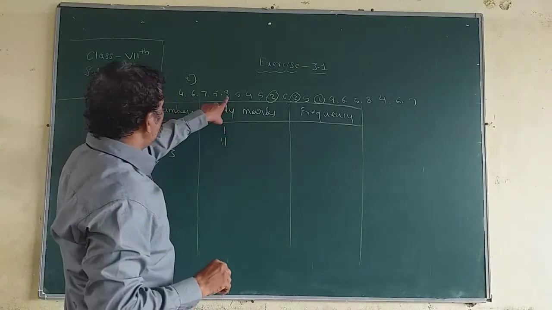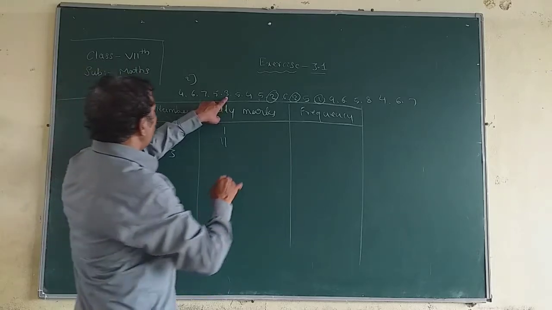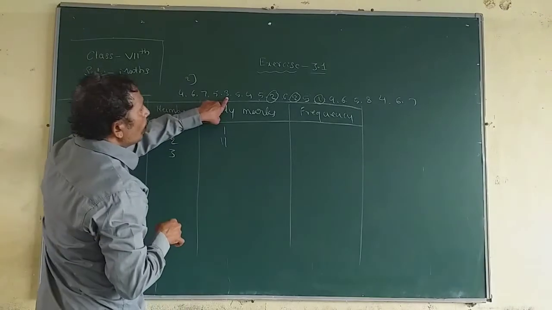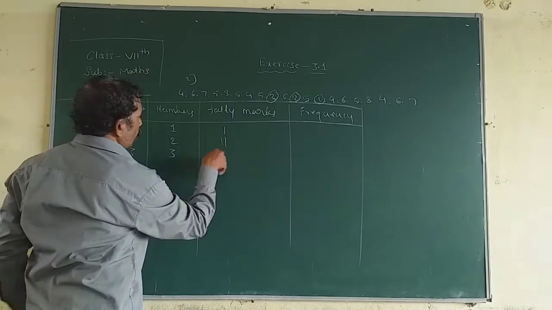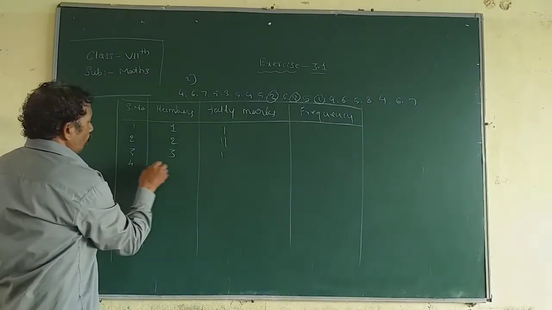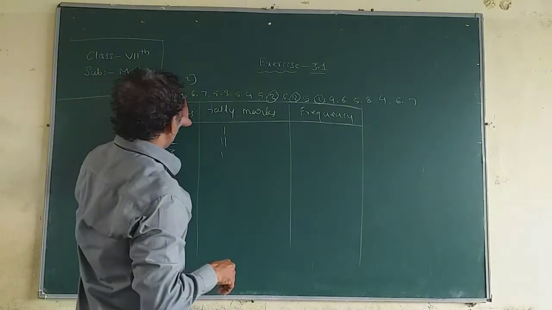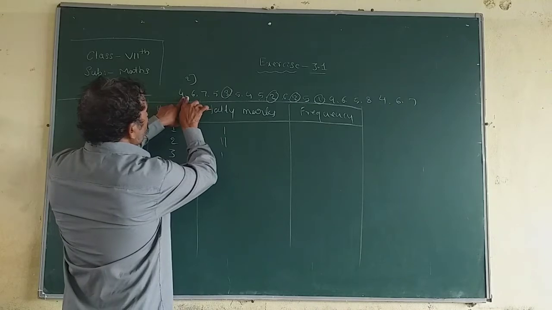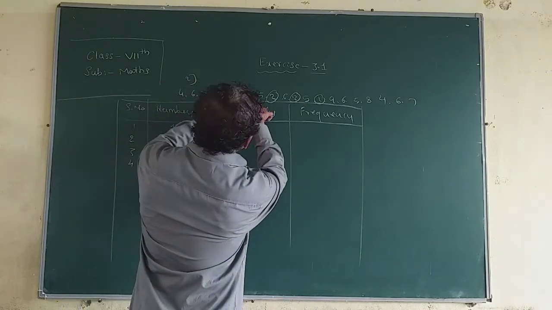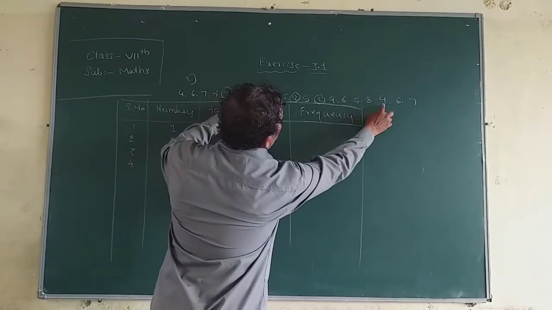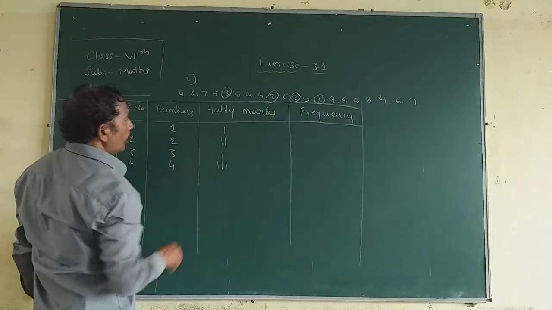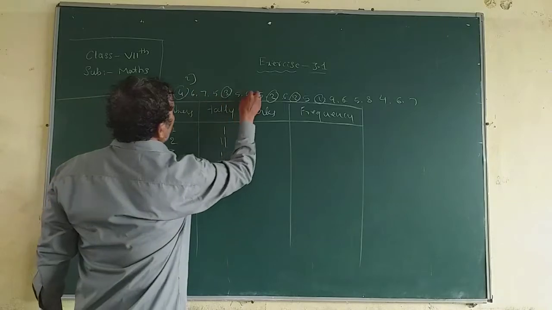Similarly, find how many times 3 appears. Yes, 3 appears only once. Put 1 tally. Now circle 3. Then 4. 4 appears 3 times. Give 3 tallies. Now circle number 4.